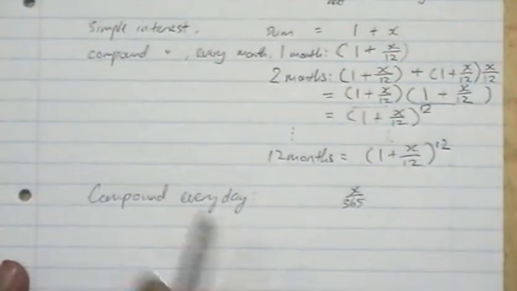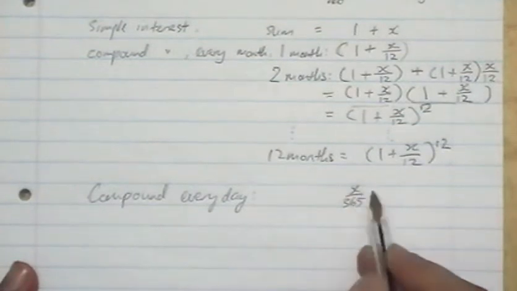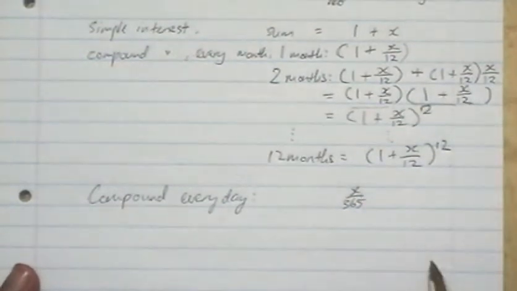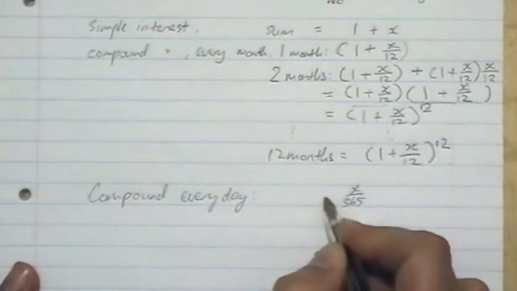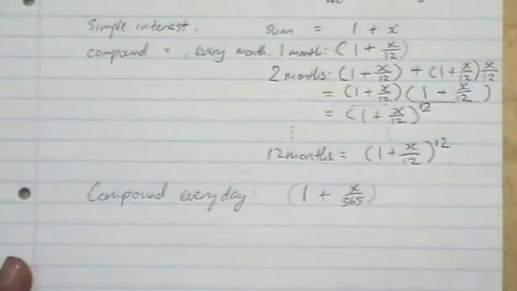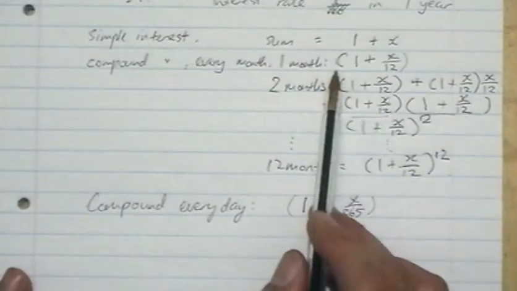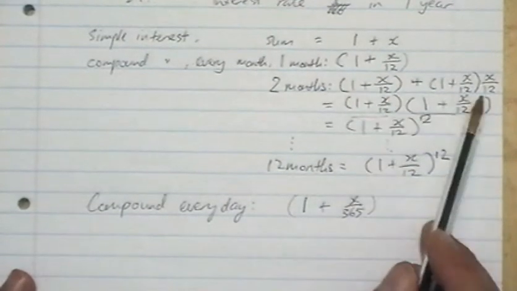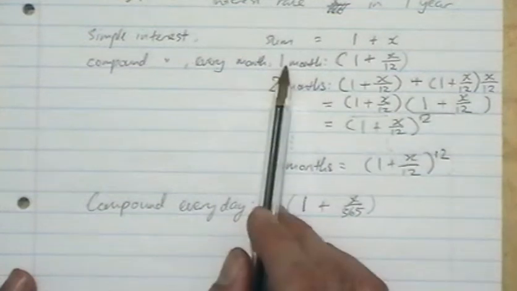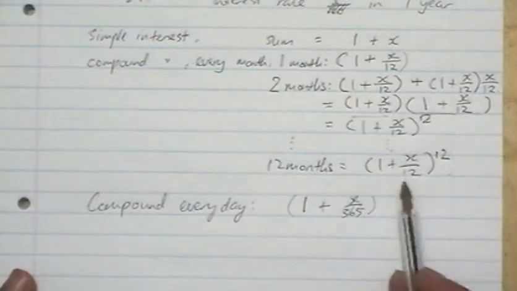Now my starting amount is just 1, so just $1. So this is the amount of interest I would get after 1 day, and I would add 1 to get the total amount in 1 day. And then if I repeat this kind of calculation that I did for the monthly compound interest, you can see the pattern.